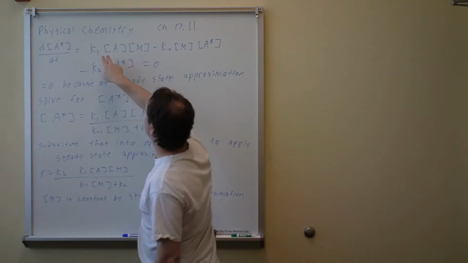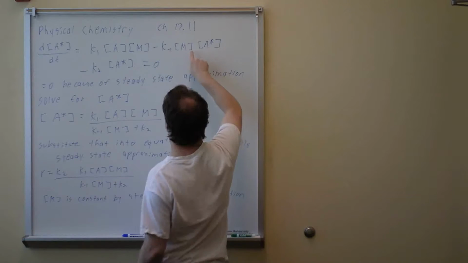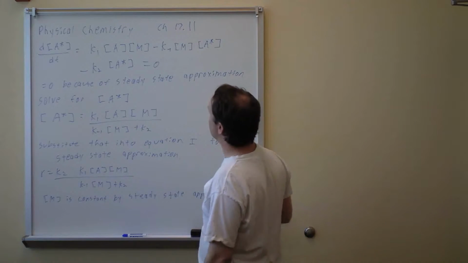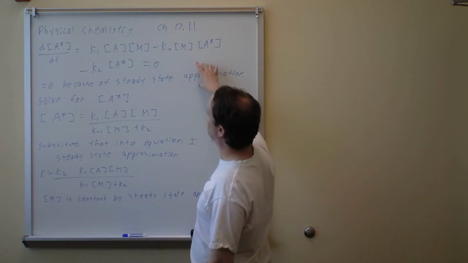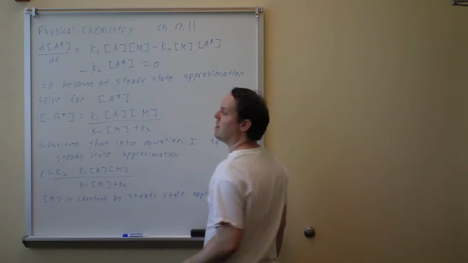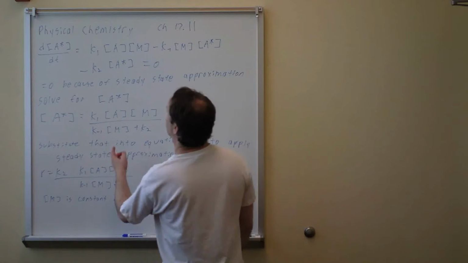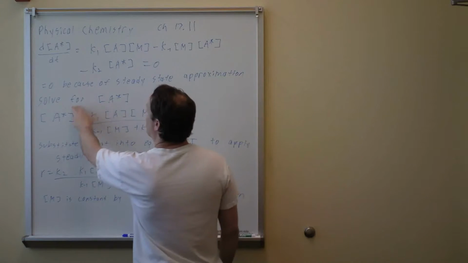So remember, this is plus because this is how we're making A star, and these are both minus because they're using A star to make something else. And we're setting this equal to 0 because we're going to use the steady state approximation. We're saying that A star is an intermediate, therefore its concentration over time will be roughly constant, at least not at the very initial and end of the process.